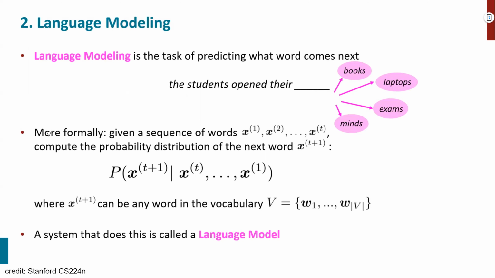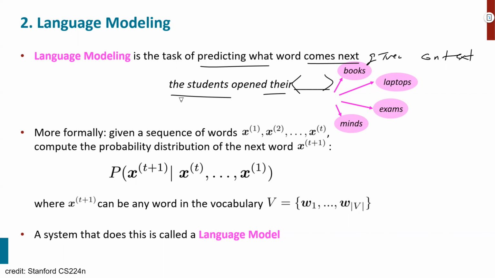What is language modeling? Language modeling is the task of predicting what word comes next. For example, given the sentence, "the students opened their ___", many words can come in this blank. And language modeling is the task of predicting what words can come given context.